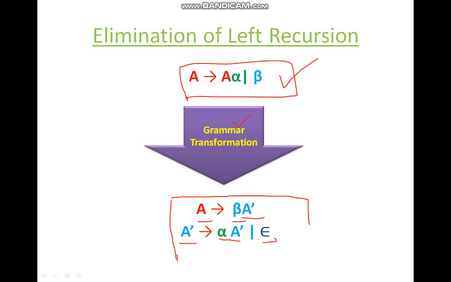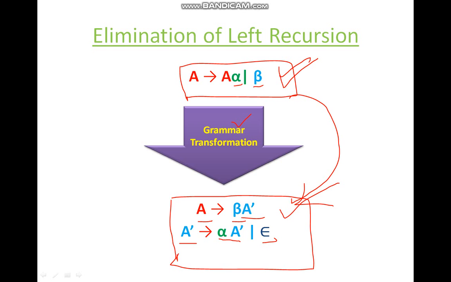So you need to transform this production rule into this form in order to eliminate left recursion. It is possible that there could be more than one beta, beta 1, beta 2, up to beta n, and more than one alpha, alpha 1, alpha 2, alpha n. So you need to follow the same rule.